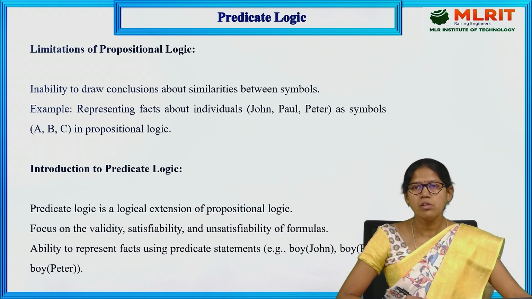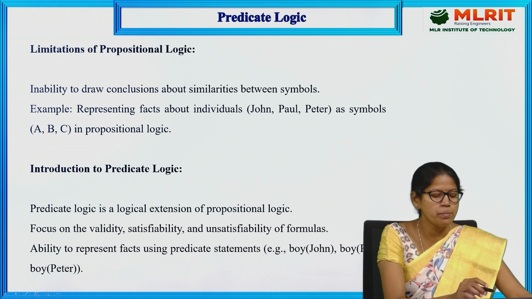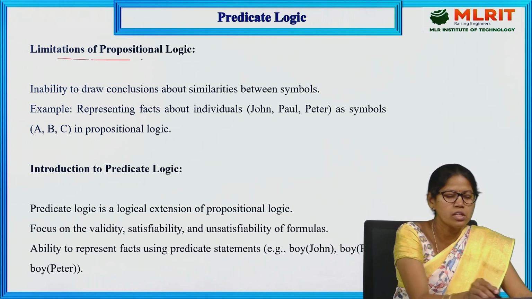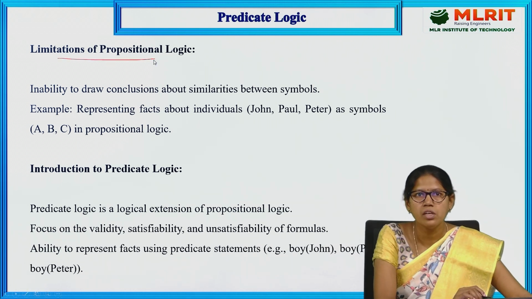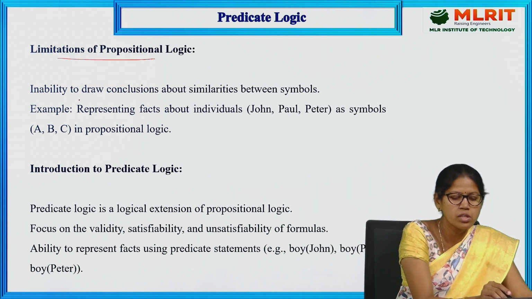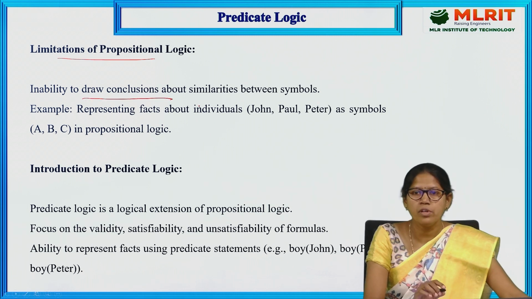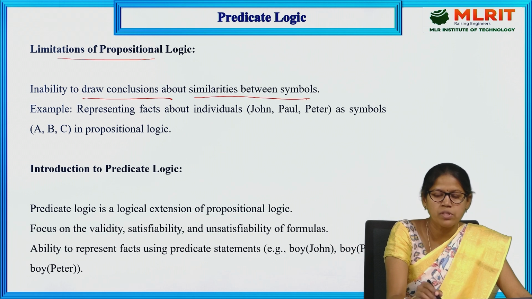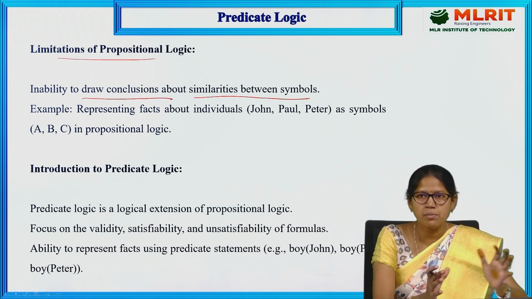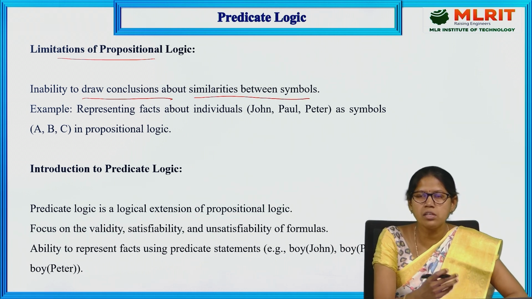Before learning about predicate logic, first we will see the limitations of propositional logic. In propositional logic, to draw conclusions, we don't know the similarities between the symbols. Even if similarities are there, we can't draw those conclusions.